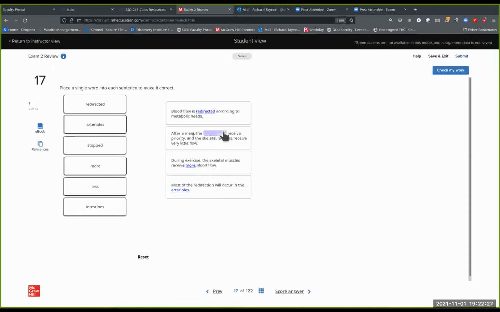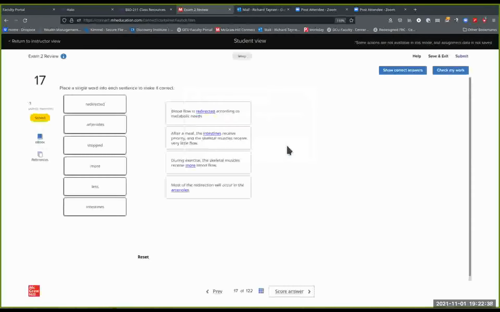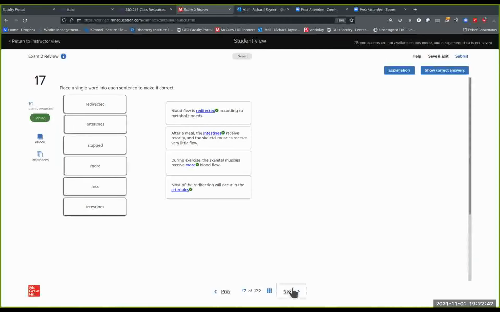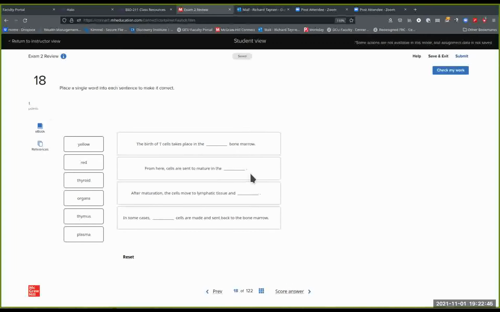So after a meal, that'd probably be intestines, wouldn't you think? Okay. Single word each sentence. I think that's more detailed than we'll be going into.